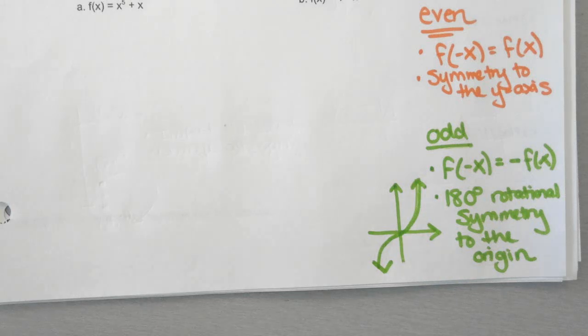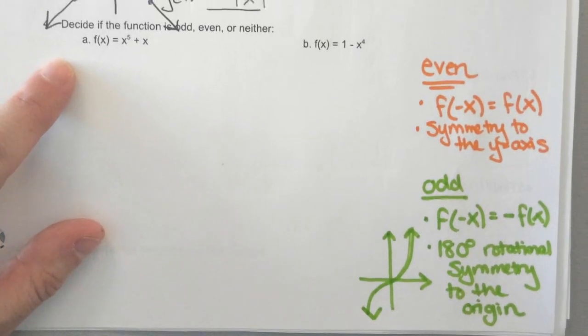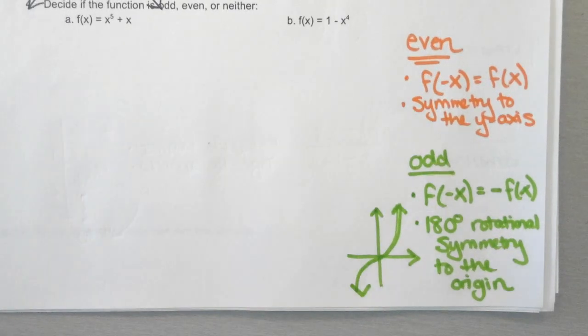Okay, so let's go ahead and look at these, and we're going to decide algebraically. So we're actually going to plug in the negative. Now, neither is an option as well. If you don't have symmetry to the y-axis and you don't have 180 degree rotational symmetry to the origin, then guess what? It's neither. So how do we do this?